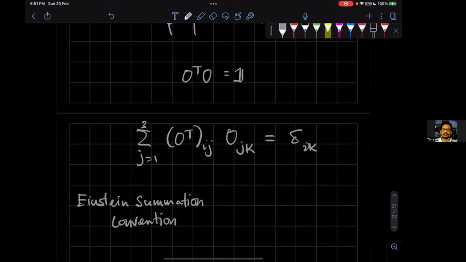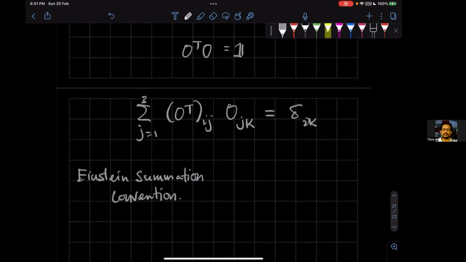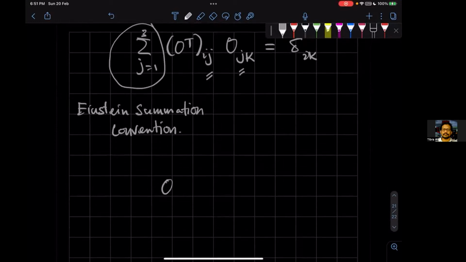If an index is repeated, then the sum over the range of that index is implied, unless explicitly stated otherwise. So this equation can be written as O transpose Ij O Jk is equal to delta Ik. The sum over J is implied because it's repeated.